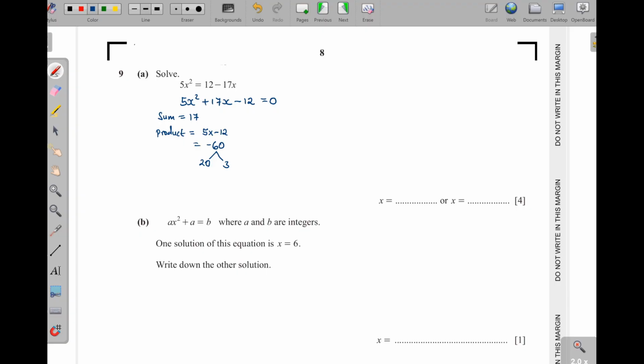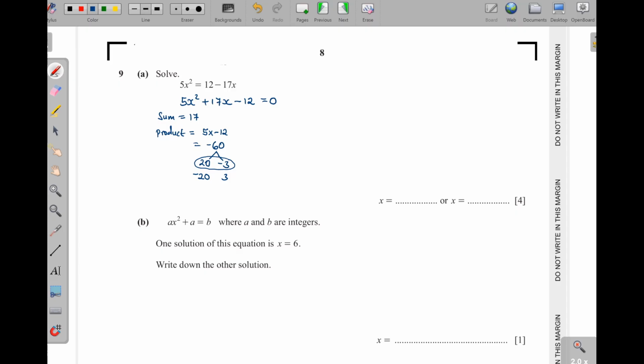20 and 3. But since this one is a negative, one of the numbers must be a negative and the other must be a positive. So this one can be a negative, this one can be a negative. But since the sum is a positive, that means we are going to take 20 and negative 3, because 20 plus negative 3 gives you 17.